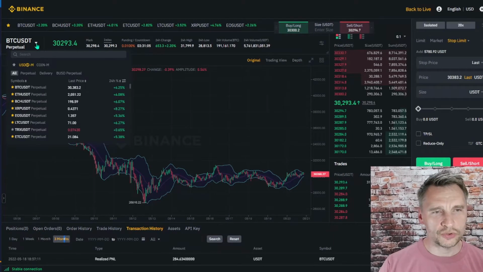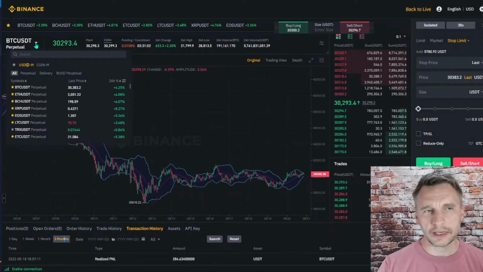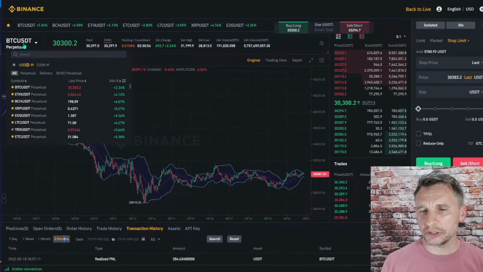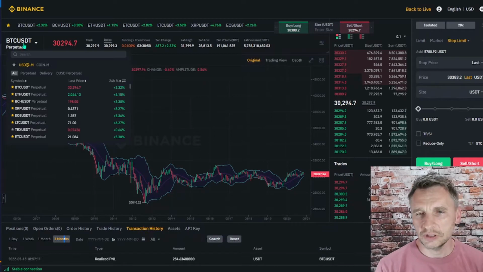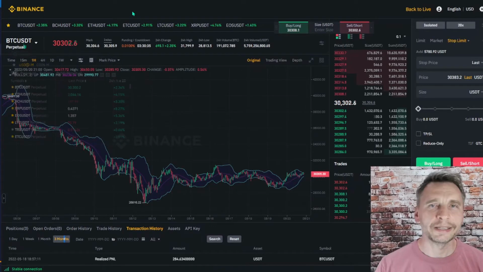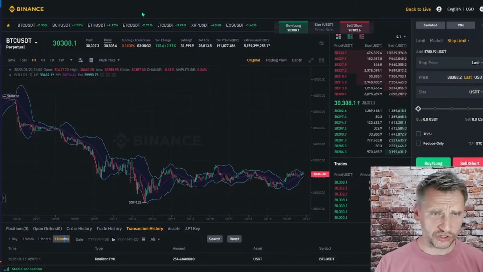Okay, so what do we've got over here? In the mock trading account, you can choose any currency that you would like to trade. I have it set to Bitcoin USDT because it is the best trading pair to trade, because it has the highest volume and it's the most traded cryptocurrency pair. It makes trading a lot more stable in that sense.